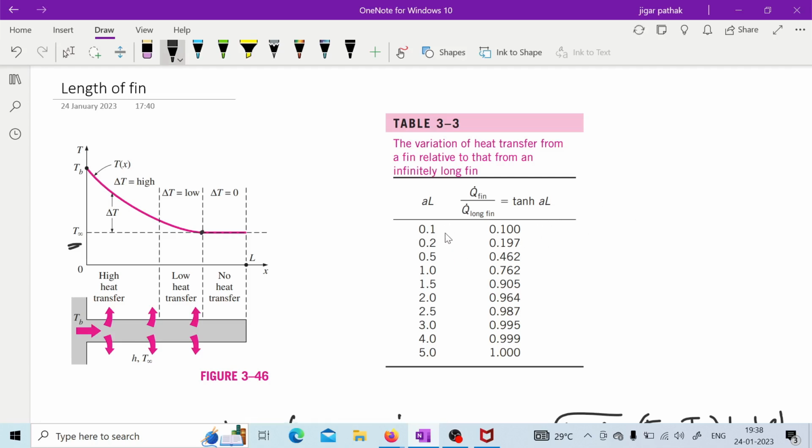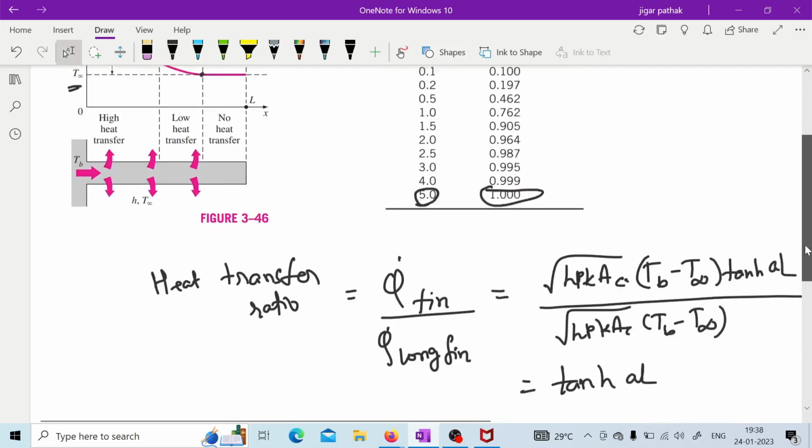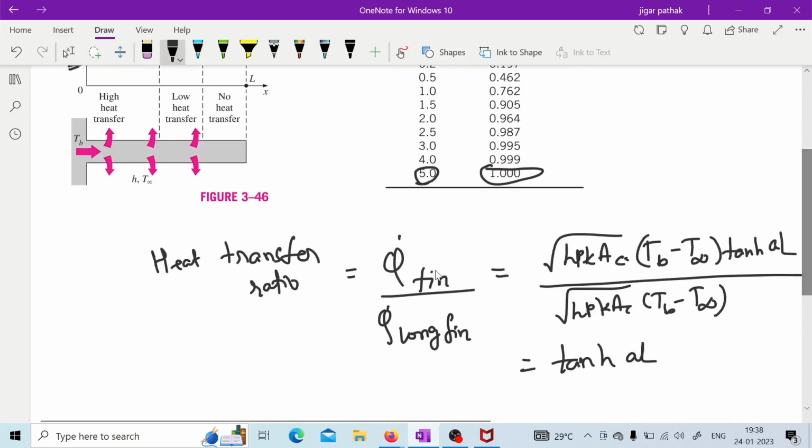So if you keep on increasing the length, as you can observe, at mL of 5 you are getting the value tanh(mL) as 1. It means both cases are giving the same result, that is, finite length equals infinite length at mL equal to 5.